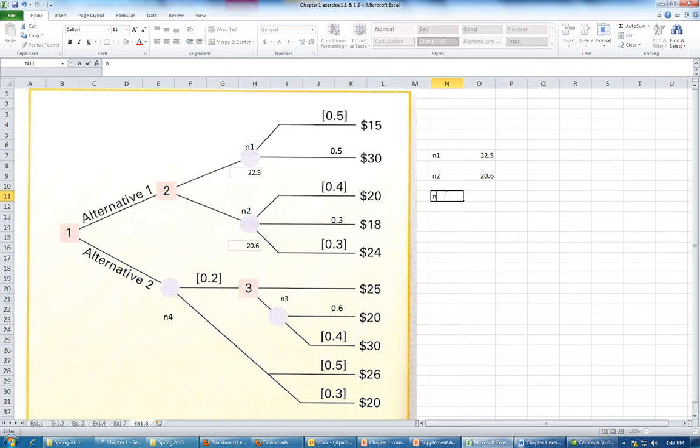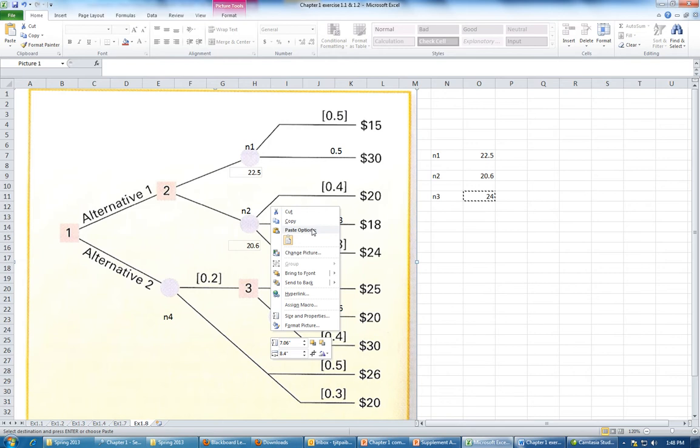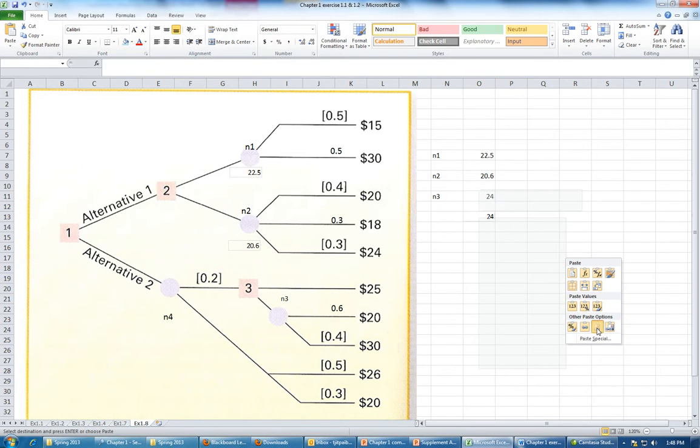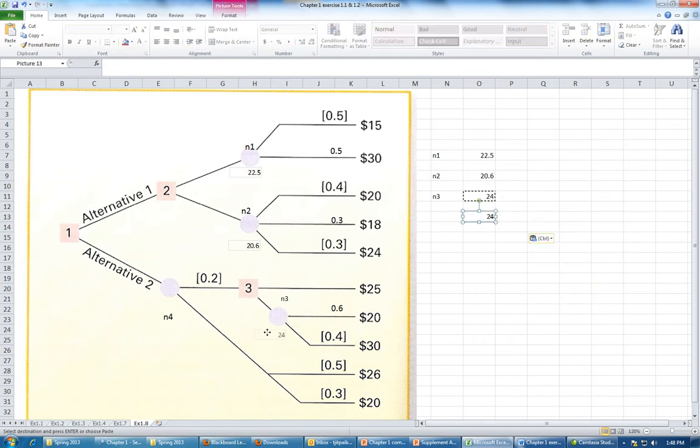So node number 3 is going to be 0.6 times 20 plus 0.4 times 30, which is 24.